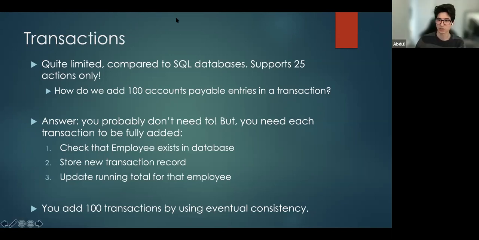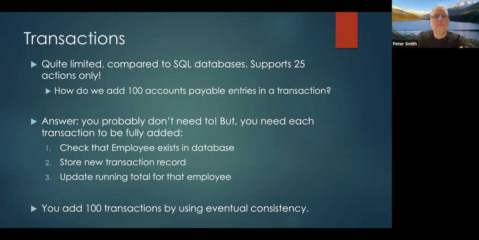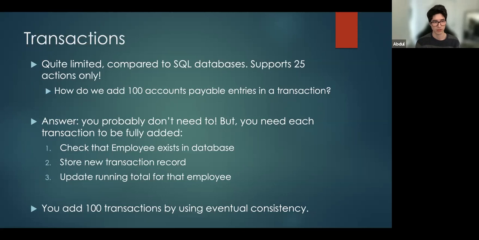Okay. A question here. Yeah. So you mentioned that there could be copies or a bunch of servers or replicas. So for these 25 actions, I would assume the put operations go to the main replica. Yeah. What about the get?